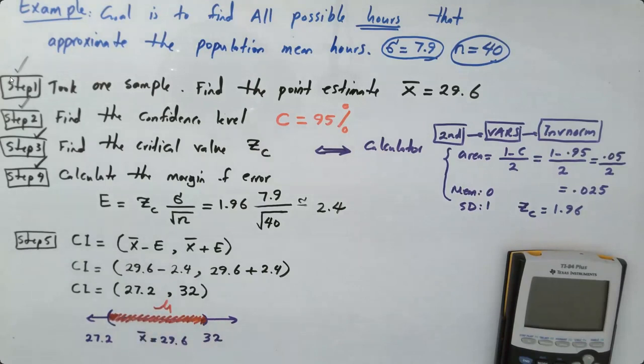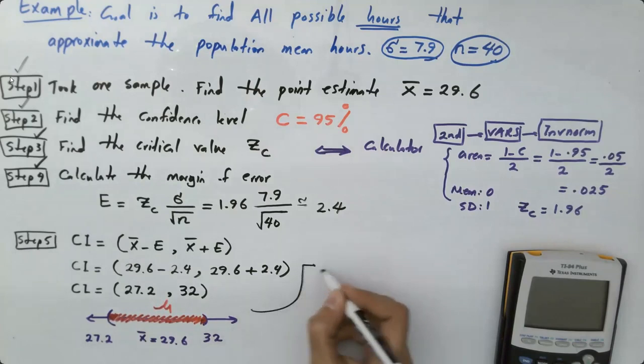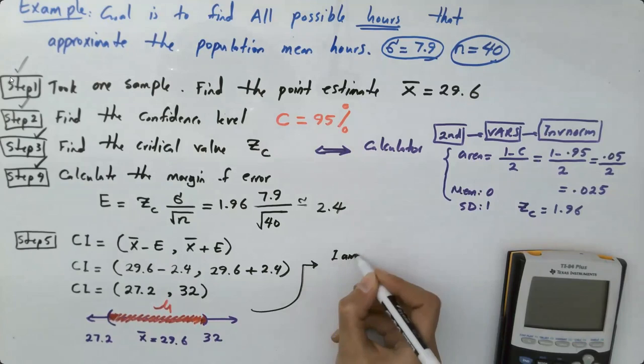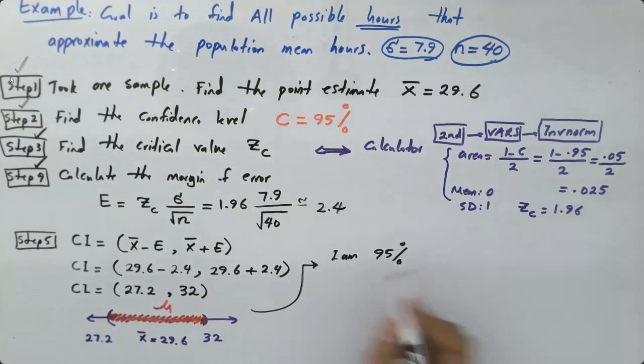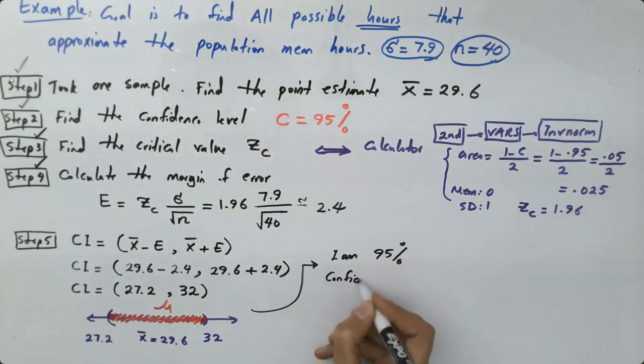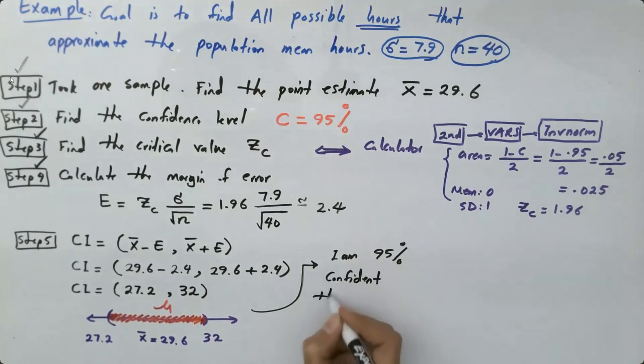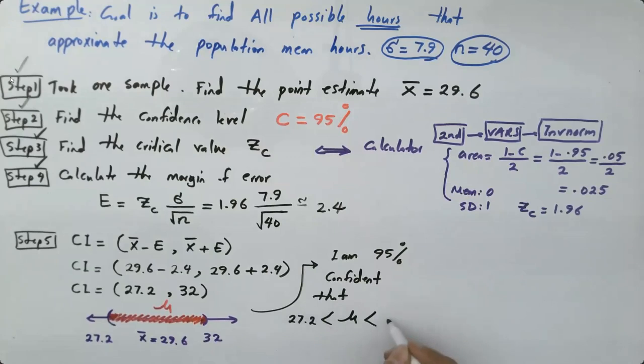We are 95% confident about that. I am 95% confident that the population mean is within 27.2 hours to 32 hours.